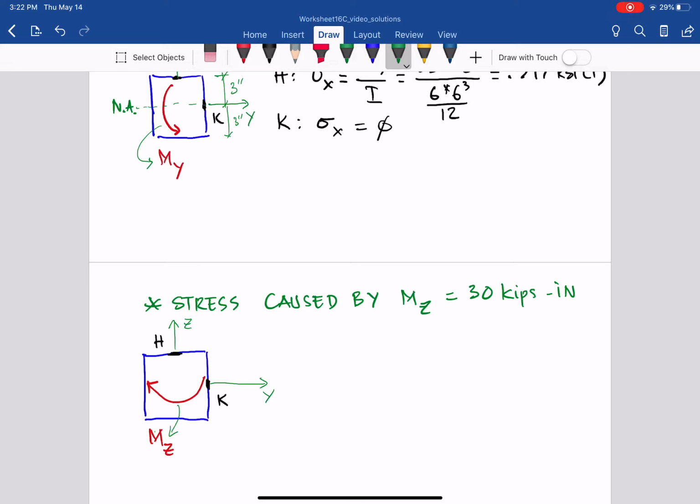That is Mz you have here. And from that we have neutral axis going through H in this case.